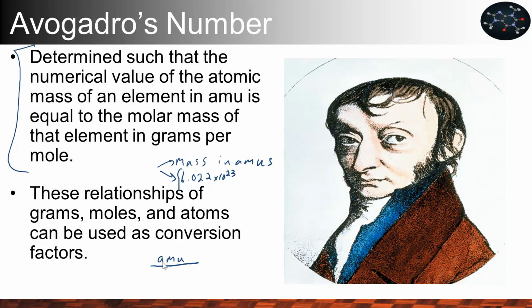You can have the ratio of AMUs of matter per individual atom, and that will be exactly equal to the number of grams that I have in 1 mole of atoms.